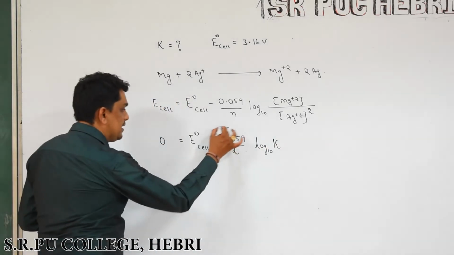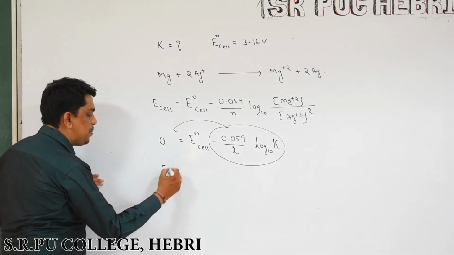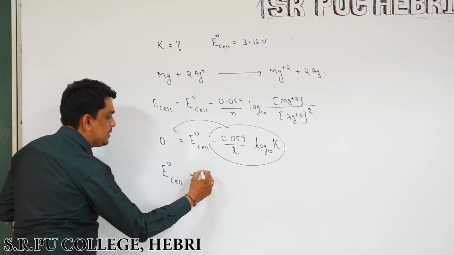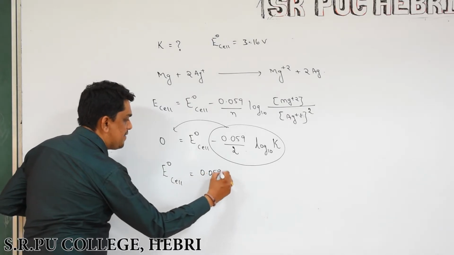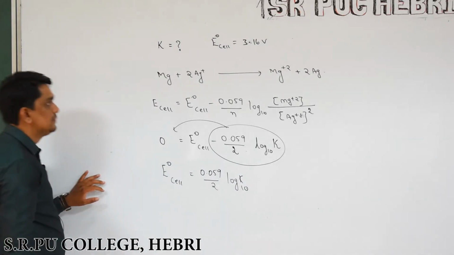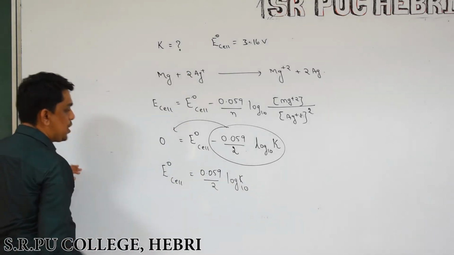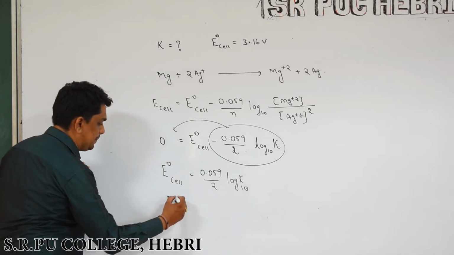Fine. Now, this negative term, let me take it to the other side, a negative term becomes positive. So 0.059 divided by 2 log K to the base 10. E naught of the cell I know, so I can substitute now. 3.16, let me substitute.